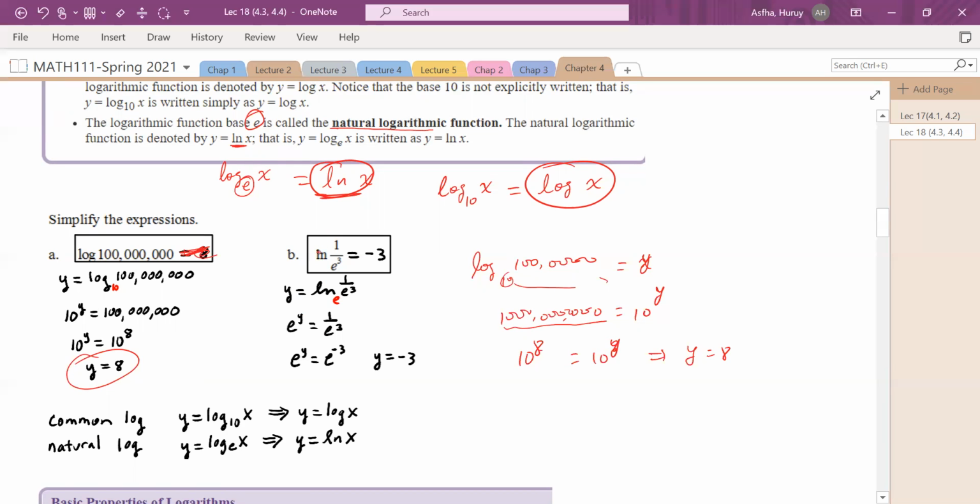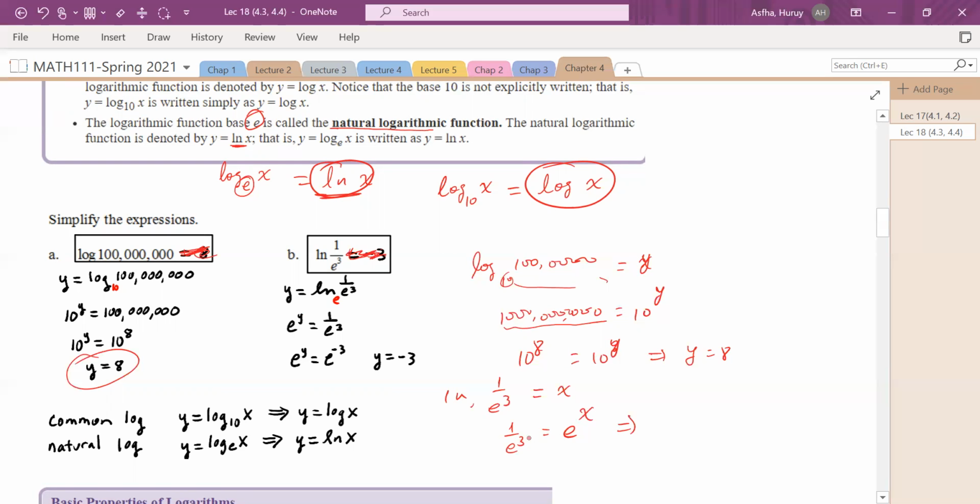And similarly, when you have ln of 1 over e cubed, this equals -3. Well, first, let's assume we don't have this, the answer. So ln of 1 over e to the third is x. Now again, the base here is e, so what I'm going to do is e to the power of x.